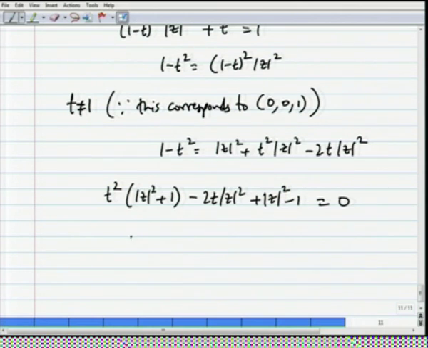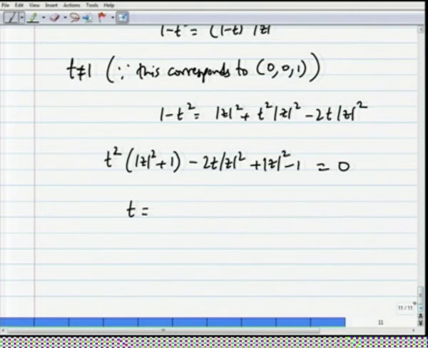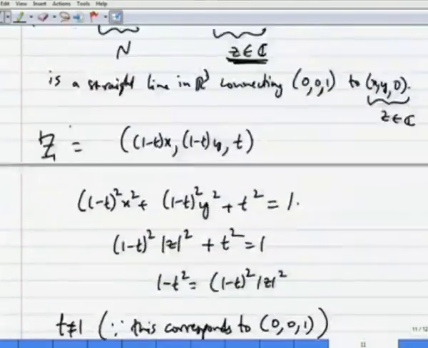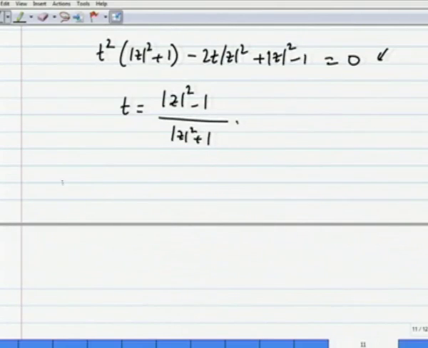So, t then, by using the quadratic formula, is (|z|² - 1) / (|z|² + 1). So, substituting t in this point capital Z, we get the following.